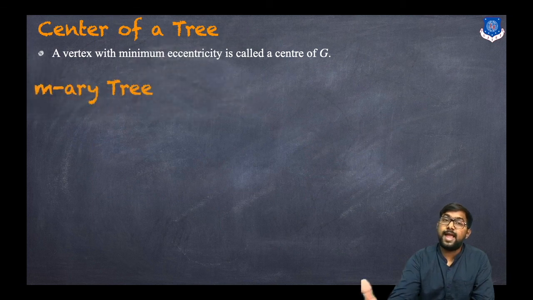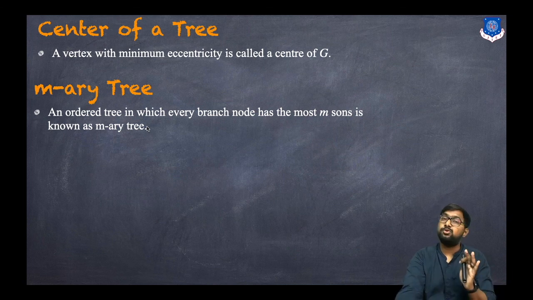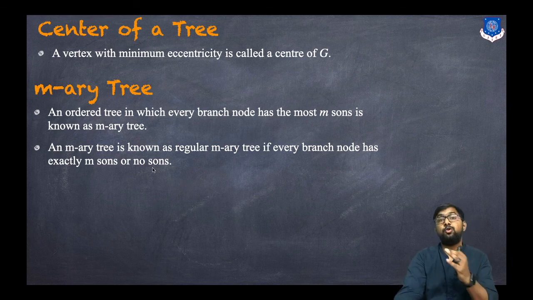Now what is an m-ary tree? An ordered tree in which every branch node has at most m sons is known as an m-ary tree. We'll understand it by figure. An m-ary tree is known as a regular m-ary tree if every branch node has exactly m sons or no sons.